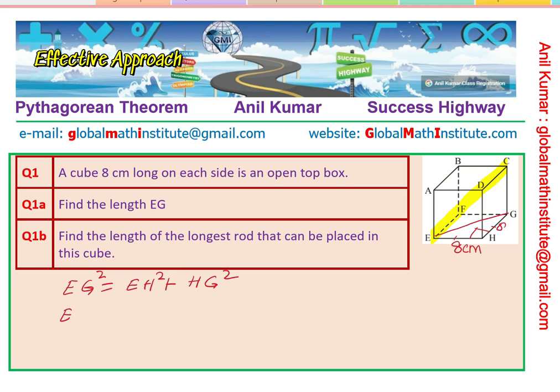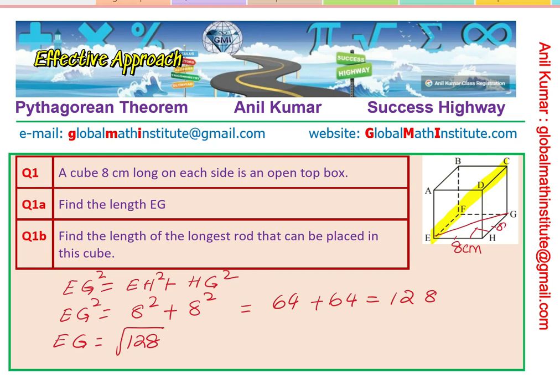And clearly we can find the diagonal square by writing 8 for the given dimensions. As you know 8 square is 64, so you add 64s and what you get is 128. So e to g is equal to square root of 128.